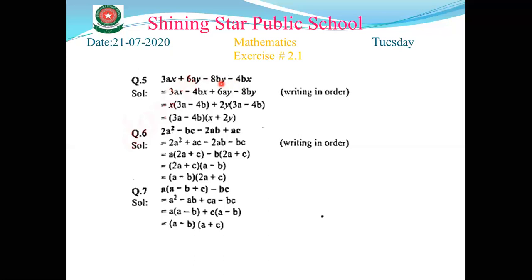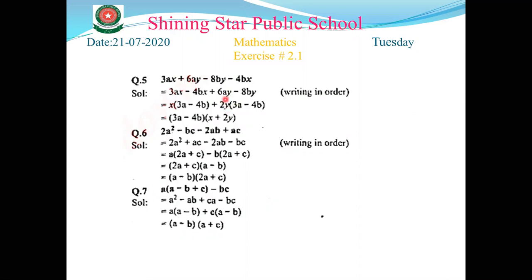And the second method is, which we did, 3ax minus 4bx plus 6ay minus 8by. We arrange them accordingly. So now we can take the common x. So it becomes 3a minus 4b plus, from these two terms we can take common 2y.